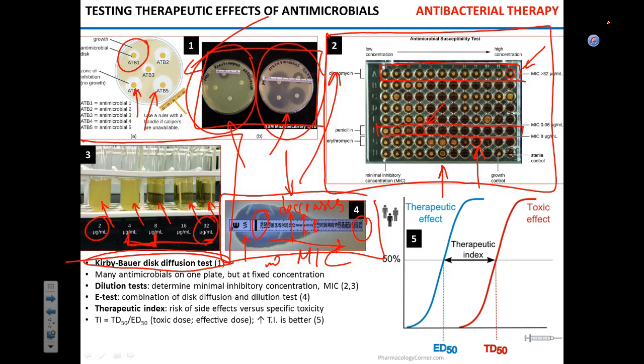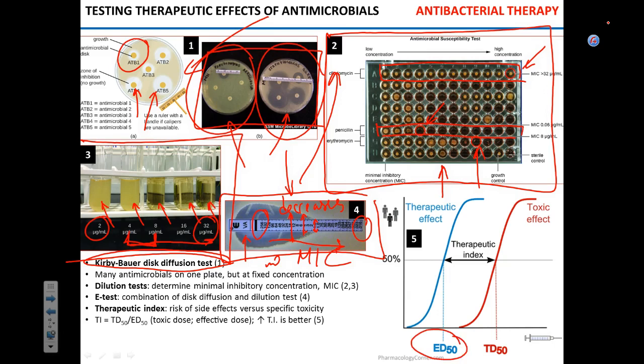Now, the last thing I wanted to discuss is the therapeutic index of a drug, and I want to apply this specifically to antibiotics. So what is therapeutic index? For this we need to discuss what the median effective dose and median toxic dose are.